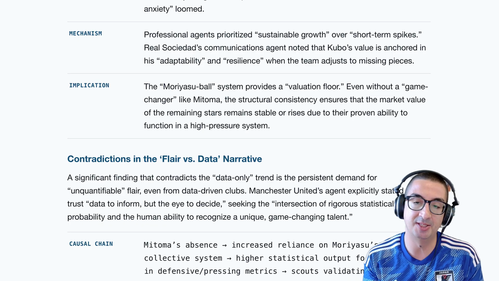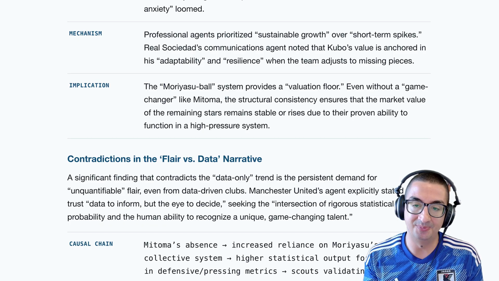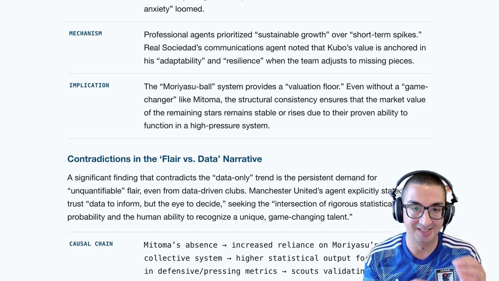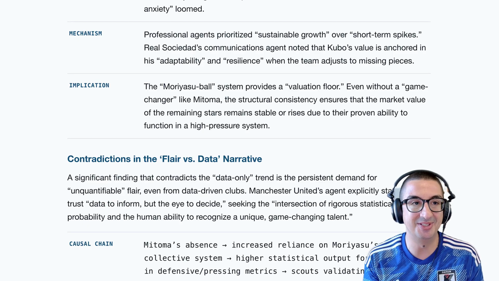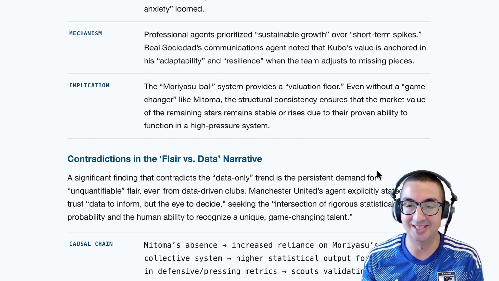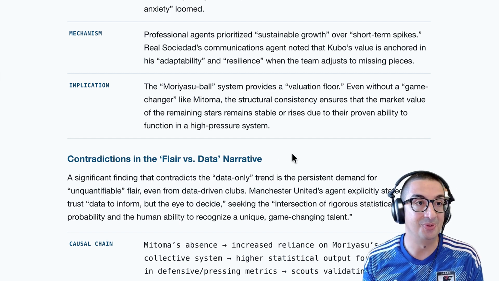Most of the Japanese players play in European leagues, and it was very interesting to see how the agents simulated all these scenarios, how they simulated interviews. Was very, very cool. I really enjoyed this read. I hope you did too.